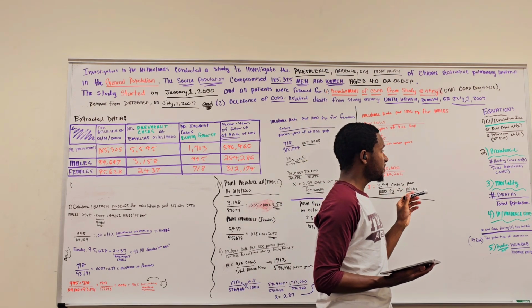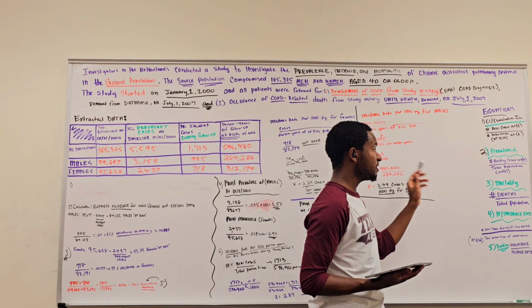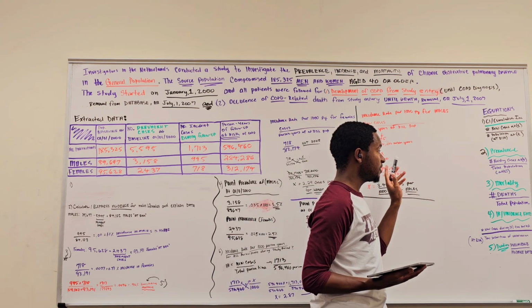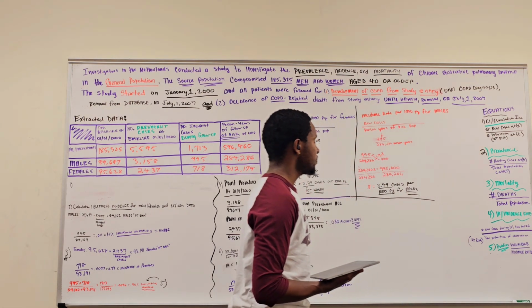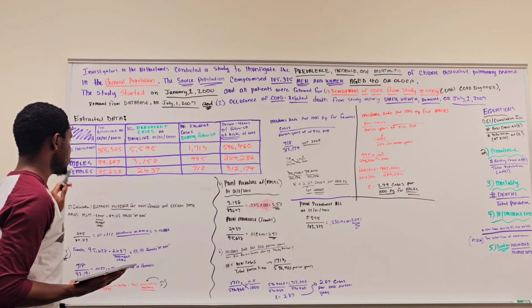So the first one is cumulative incidence, and this is the new cases over time divided by the population at risk over time. And so the population at risk is different from the general population.